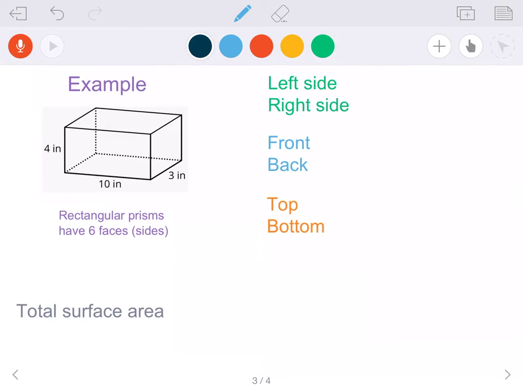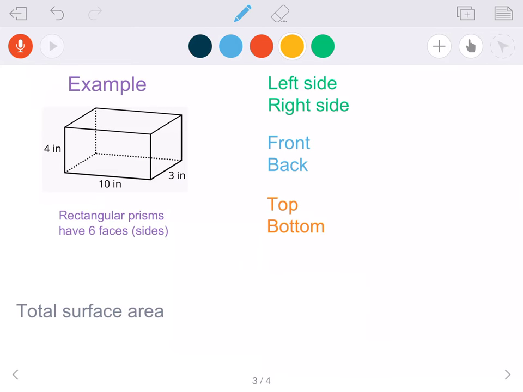So we're first looking at a box, and that's called a rectangular prism. And the reason it is called a rectangular prism is because when you look at the base of it, it's in the shape of a rectangle. Hence the name rectangular prism.